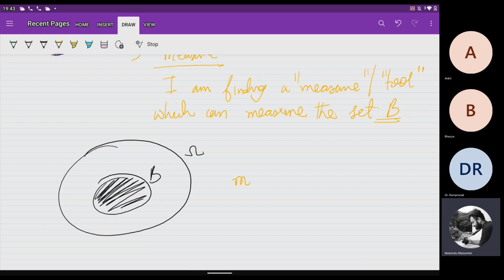Let's say M is a measure, then M of B divided by M of omega will be the probability.